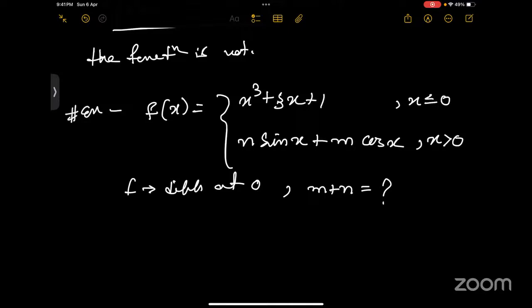Ma'am, it is a differentiable function. Yeah, it is given that it's differentiable at 0.